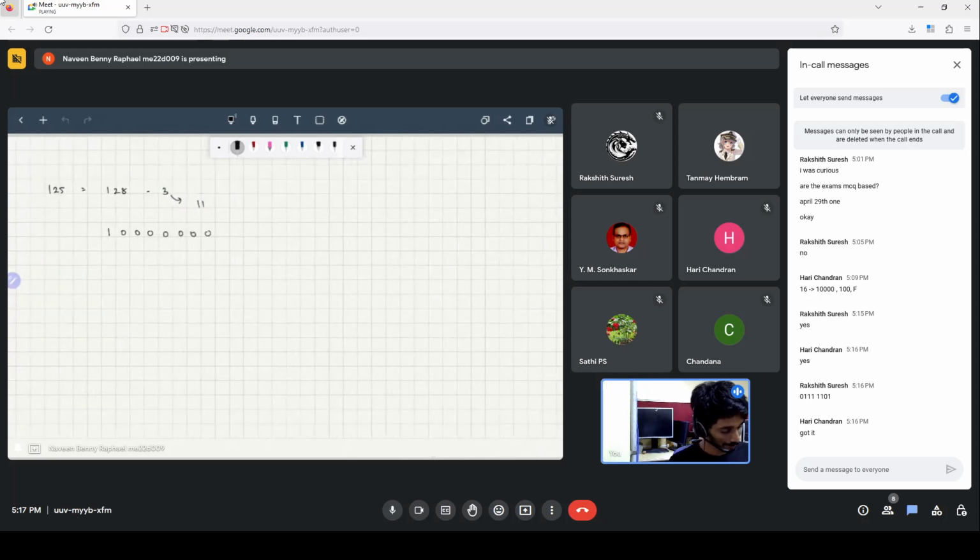So 125 is 128 minus 3, and we can just subtract these with normal subtraction rules. There's a lot of carryover, but we've got to do it. We can't take 1 from 0, so we do the entire borrowing method.